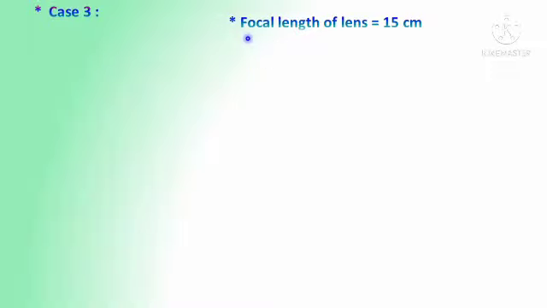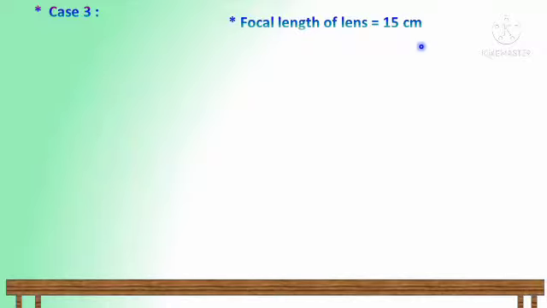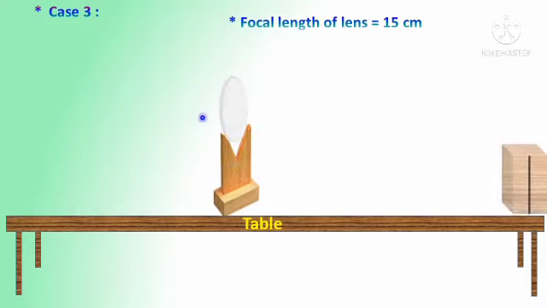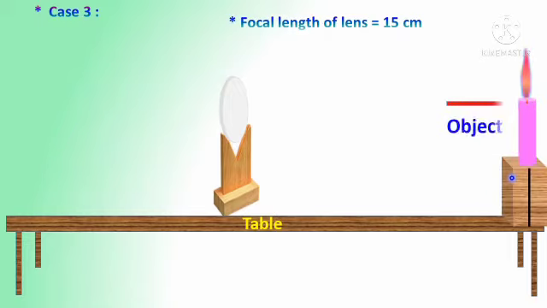Case 3. Here we are taking the focal length of the lens as 15 centimeters. Object distance: take the table, put the V stand, arrange the convex lens. Next, object distance, the distance between lens and object. Here the object is a candle.